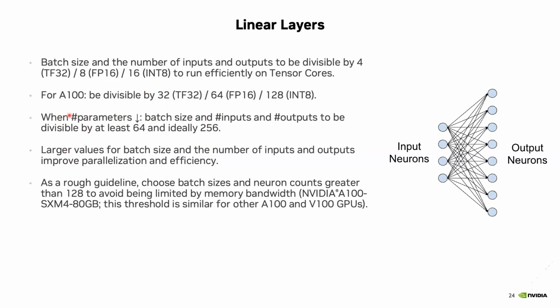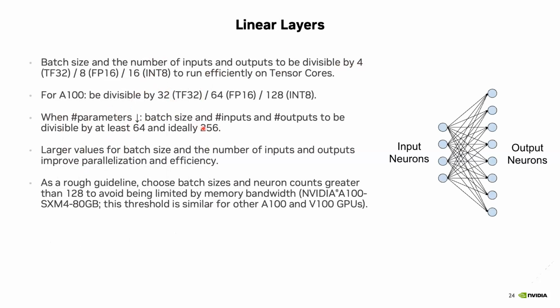Now linear layers and what we can do here. Again, these are boring numbers, but always check by how much things should be divisible at different data formats to run efficiently on Tensor Core. This is a particular recommendation for A100.